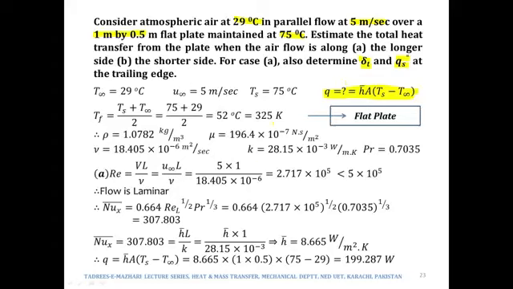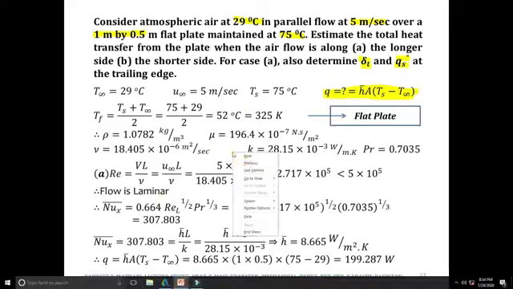So first of all, we would be finding out the properties because while finding out whether the flow is laminar or turbulent, we need to find out Reynolds number, and in Reynolds number we have got the viscosity in the denominator.